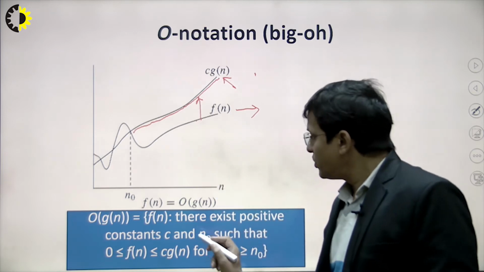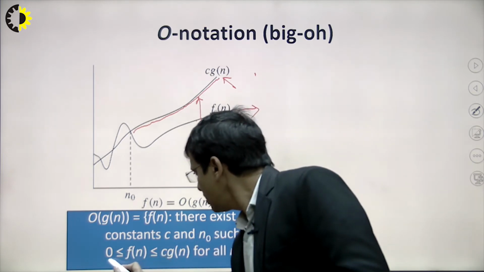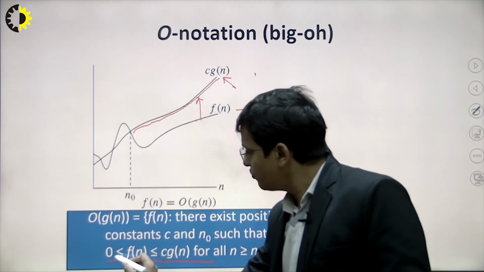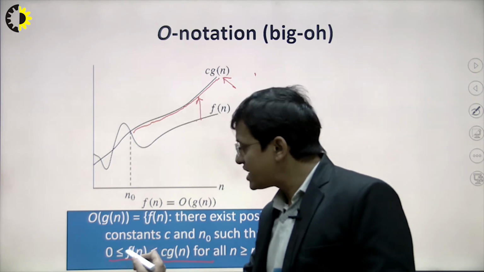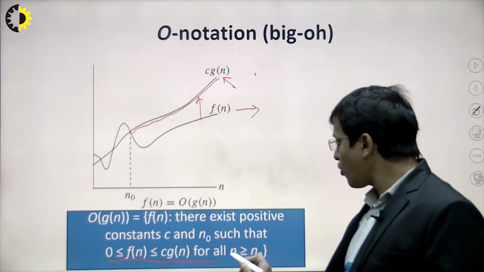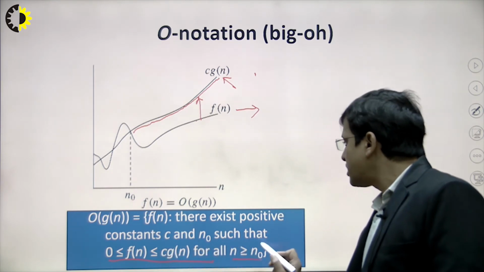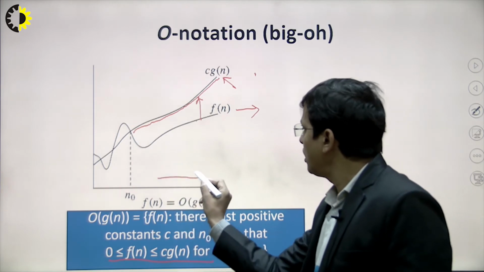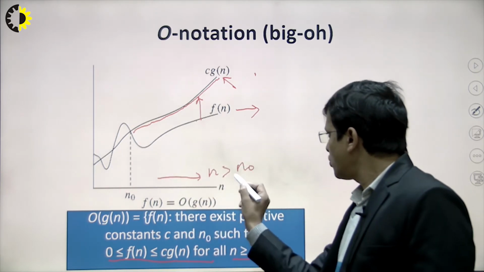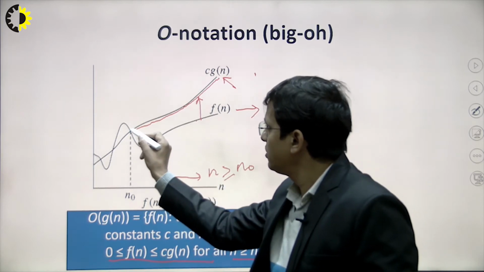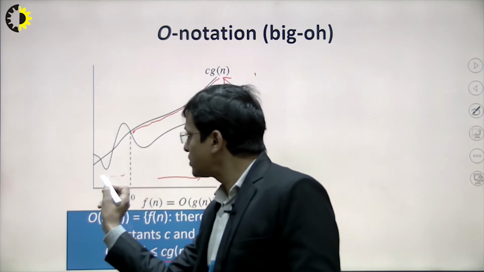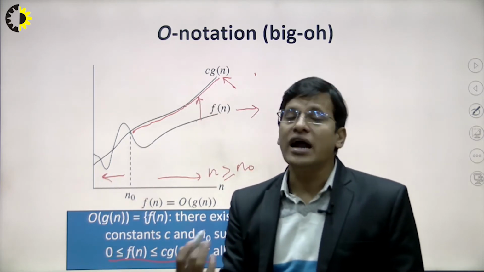So this is the definition: 0 is less than or equal to f of n, and this is less than or equal to c of g of n for all n greater than or equal to n0, right? We are not focusing on the previous values, because in the previous values the functions may be fluctuating.